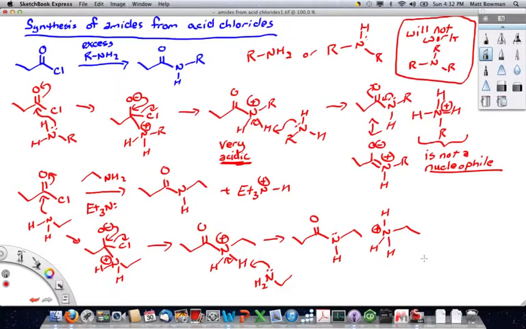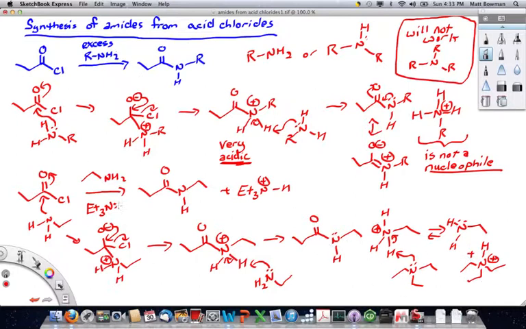But since we had triethylamine present, triethylamine can simply deprotonate the ethylamine, and this is a reversible reaction. Like so. And this frees up the ethylamine to go back through and find another acid chloride. And so the reaction can go to completion.